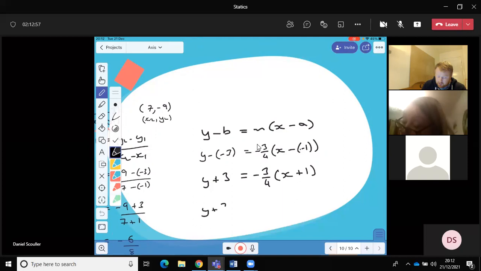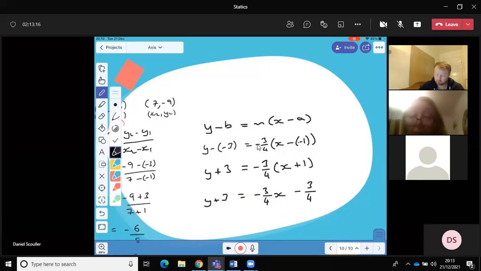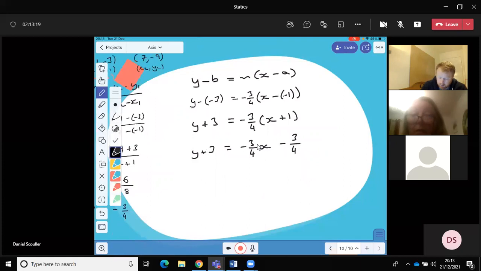So left-hand side stays the same. Multiply the first term. Multiply the second term. Okay, want to leave y on its own.